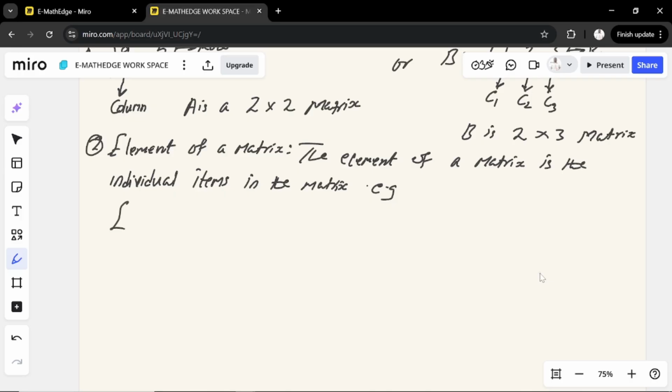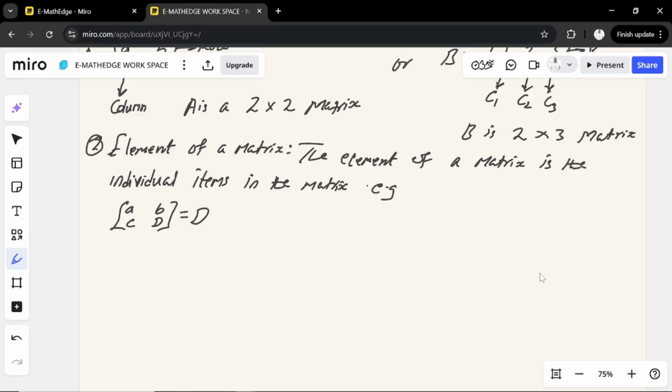Let's say we have a matrix A, B, C, and D. Let's say this is matrix D, right? So now, what are the elements of this matrix? We say the elements of a matrix are the individual items in the matrix.